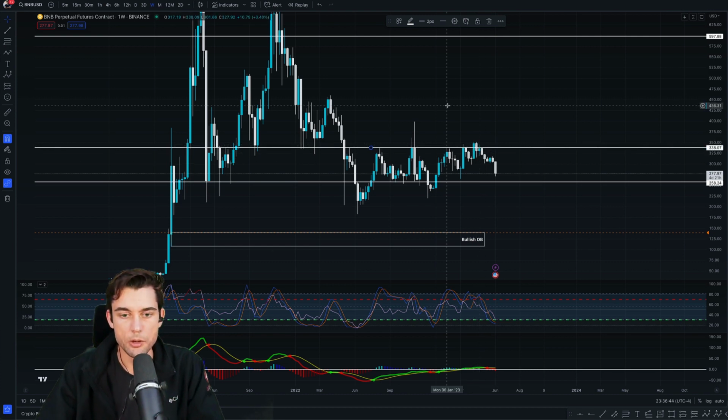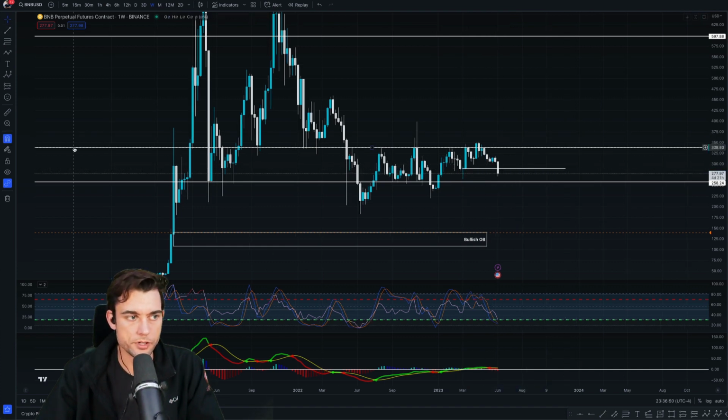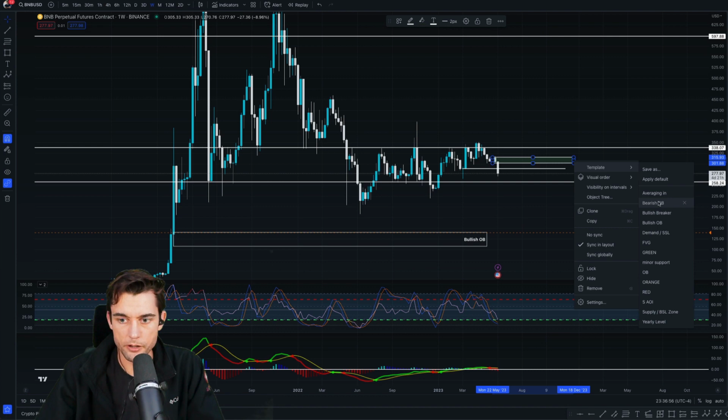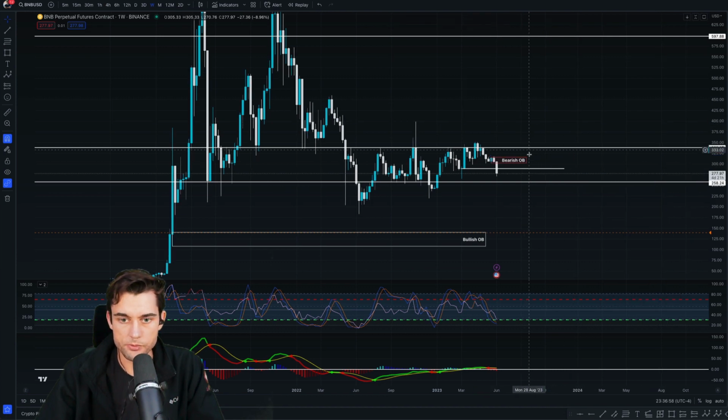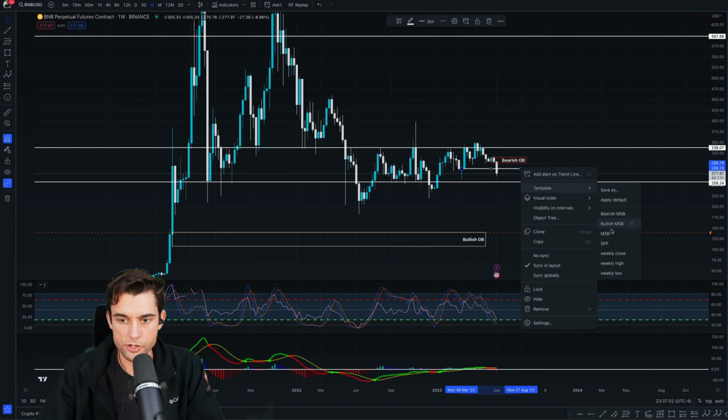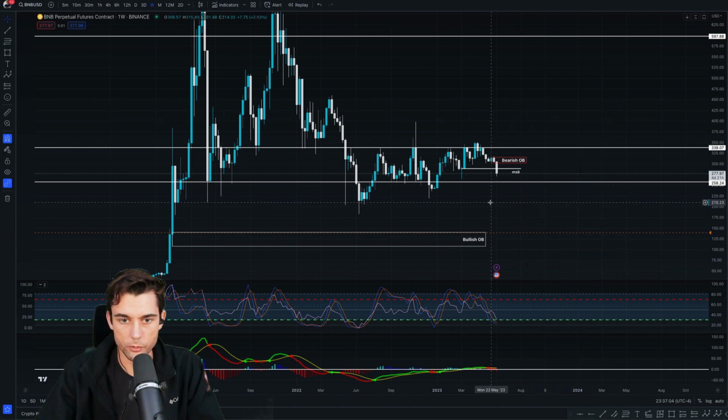But obviously, BNB is now in a bearish spot. So what I would do is I would call this out as the weekly bearish order block. So that's what the weekly bearish order block is, and this right here is the market structure shift on the weekly time frame to be a bear.